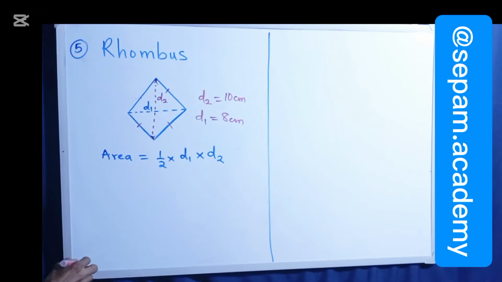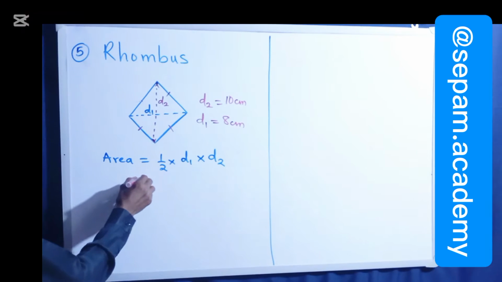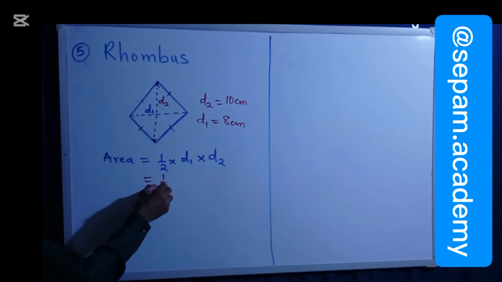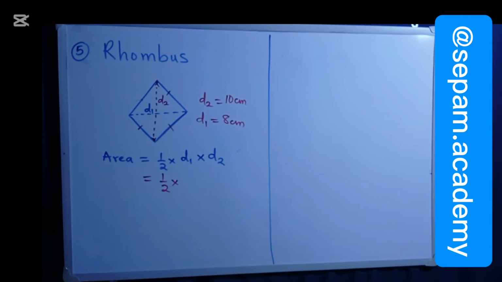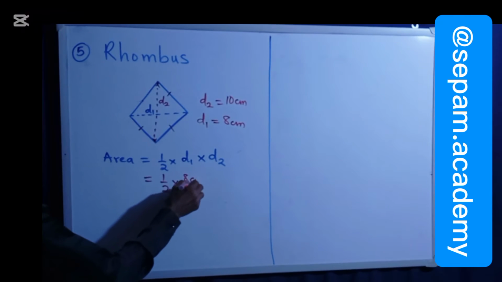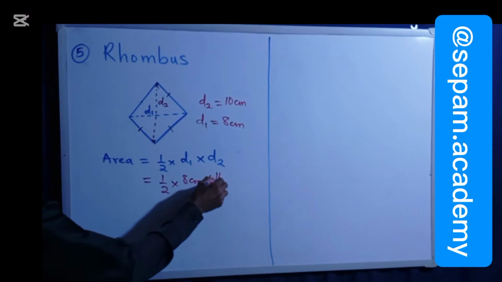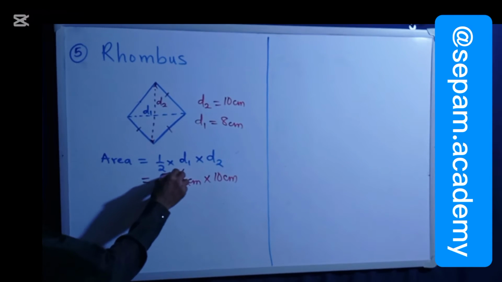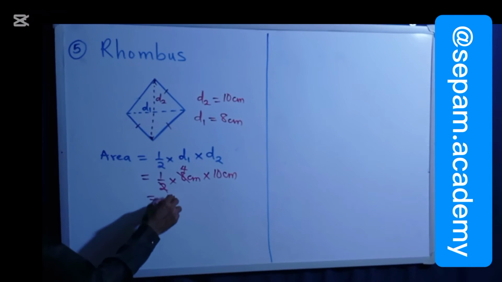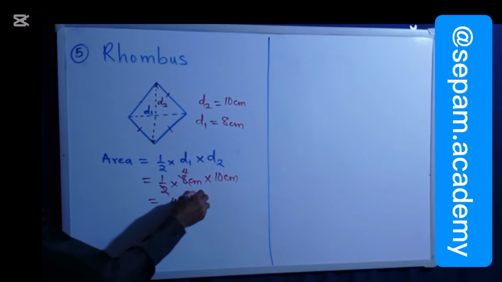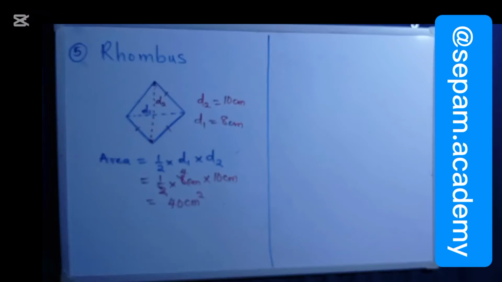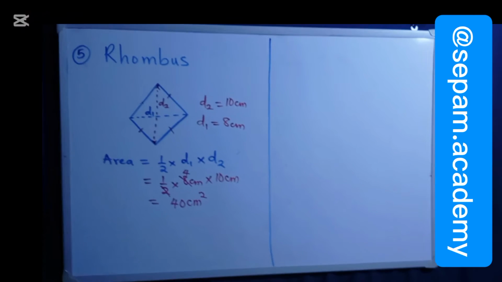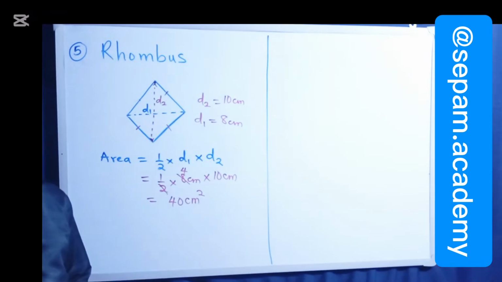So we can calculate the area. The area is half times 8 cm times 10 cm. So this goes into this 4, and that will give us 40 cm square. So this is how you calculate the area of a rhombus.